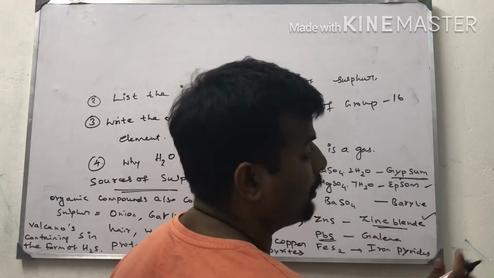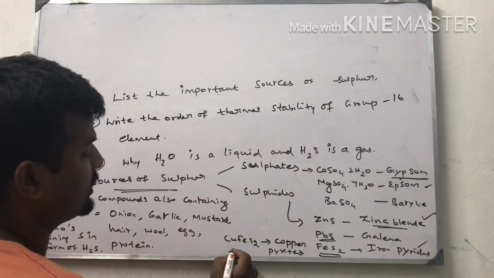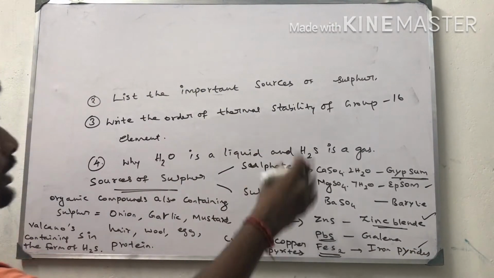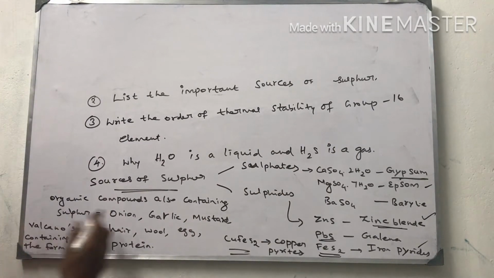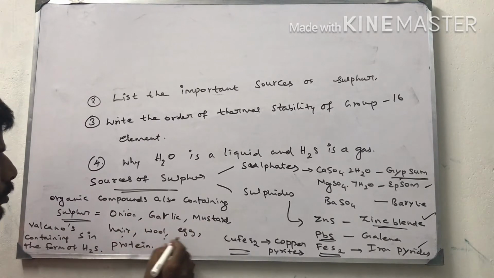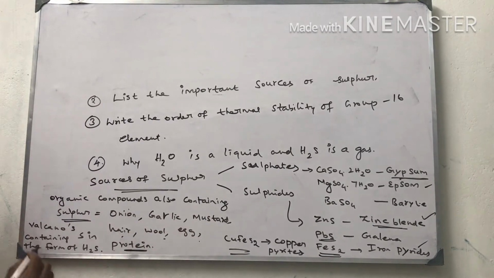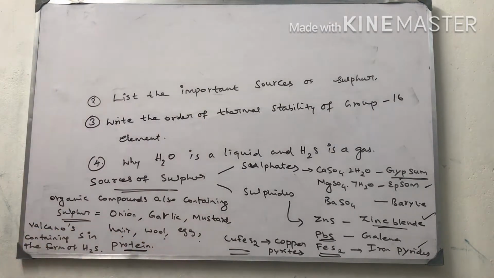Iron pyrites is FeS2. Copper pyrites is CuFeS2. These are present in the form of ores. Organic compounds containing sulfur are onion, garlic, mustard, hair, wool, egg, protein, etc. Volcanoes contain sulfur in the form of H2S. This is the answer for the second question.